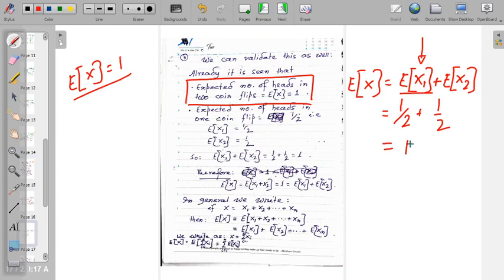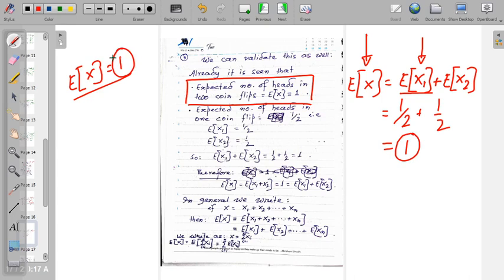So you see this expectation of x: if I take each individual coin flip as a separate experiment and add up its expectation, then I get the same answer as we got when taking them simultaneously.